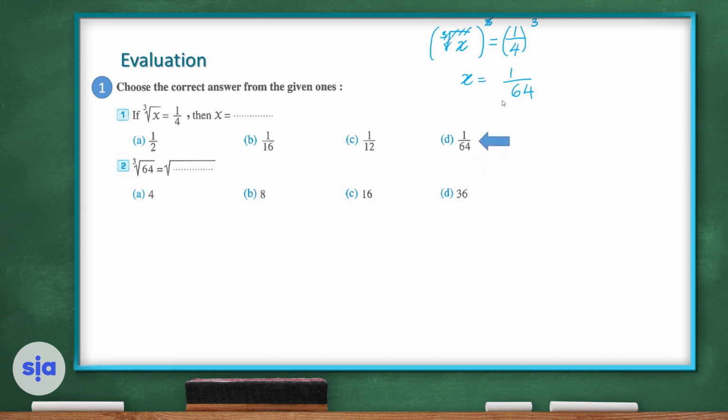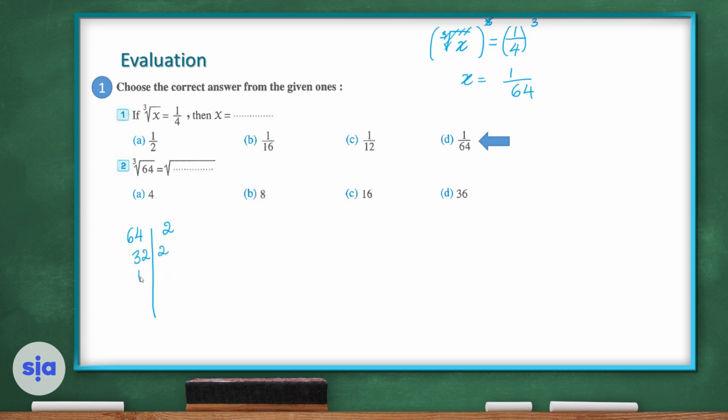Question 2. The cubic root of 64 equals the square root of what? Here we need to find the value of the cubic root of 64, right? So let's now find this. Prime factorization of 64. 64 divided by 2 is 32.